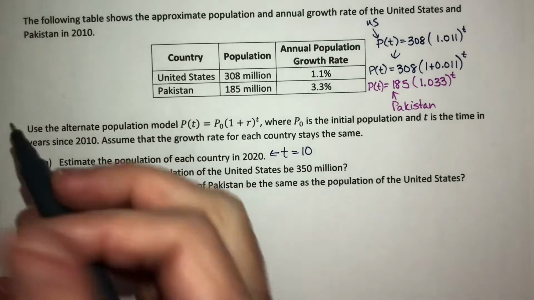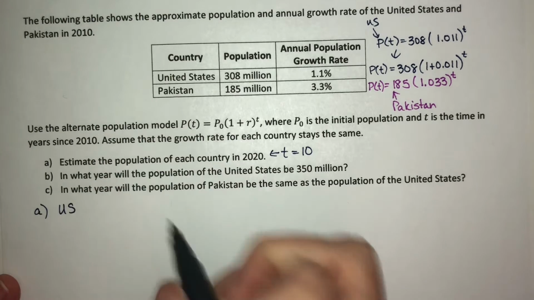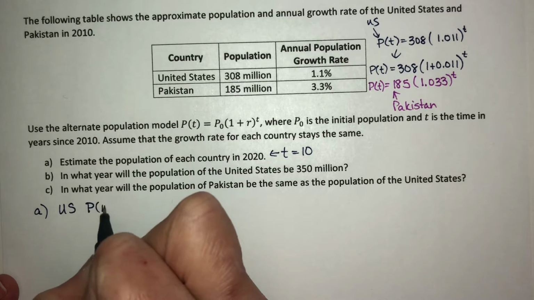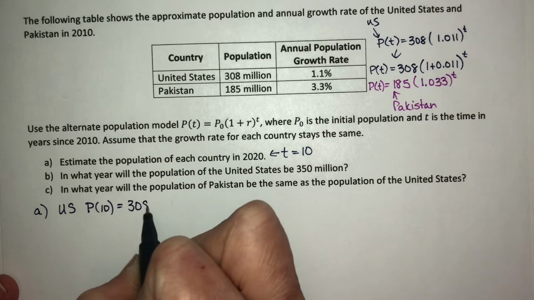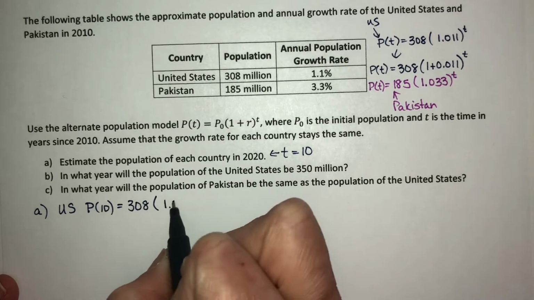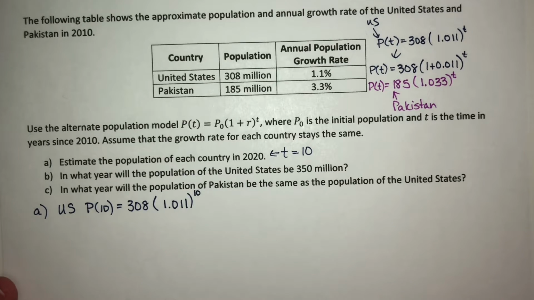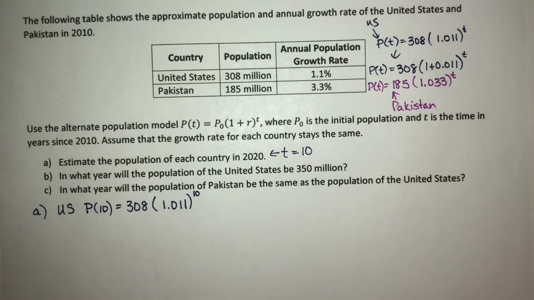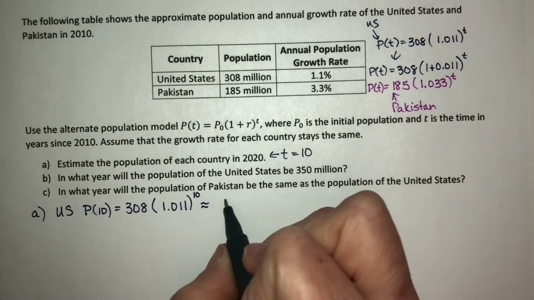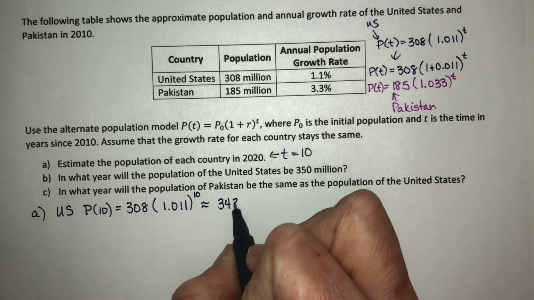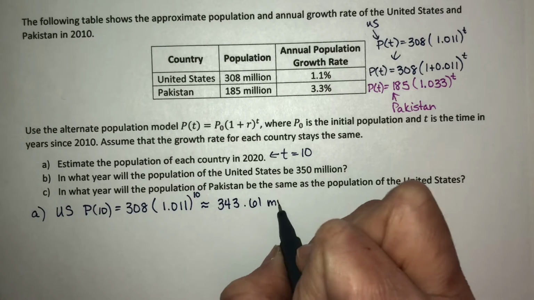For the US, this is part A. I'm going to find P of 10, which will be 308 times 1.011 raised to the 10th power. If you go to your calculator, you'll get an approximation of 343.61 million people.